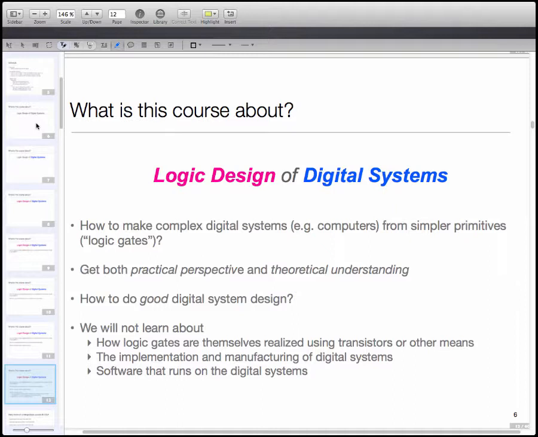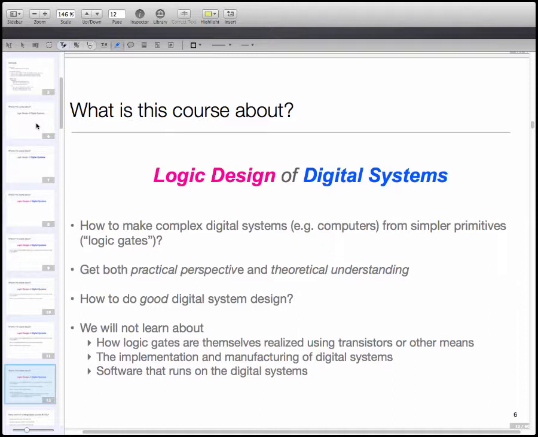So the concept of digital system is really independent of electrical or electronic things. You can imagine these things being realized mechanically, biologically, chemically, optically, in many different ways. So we're not going to worry too much about the specific realization of the digital systems.